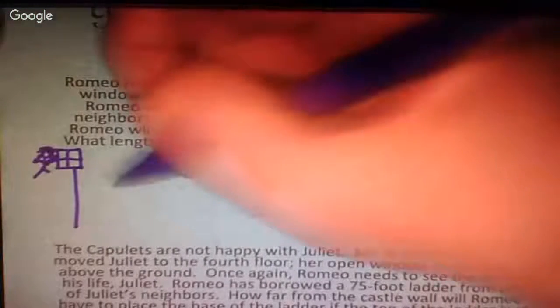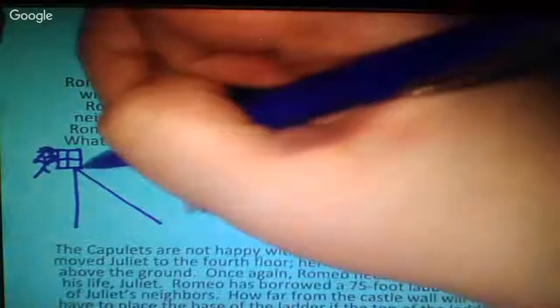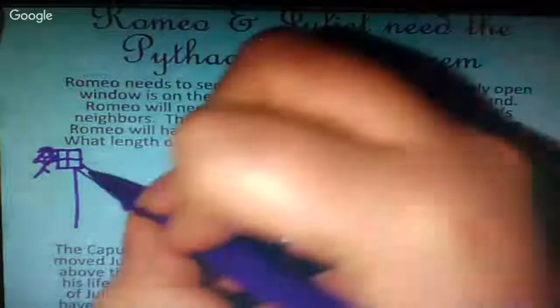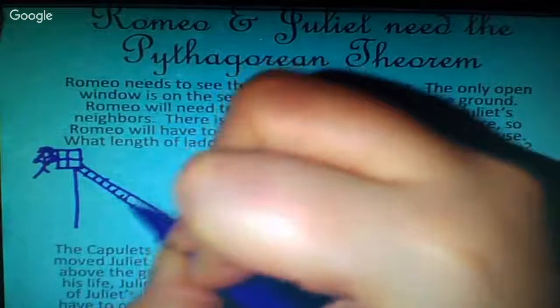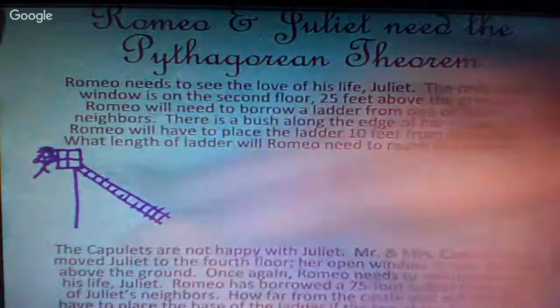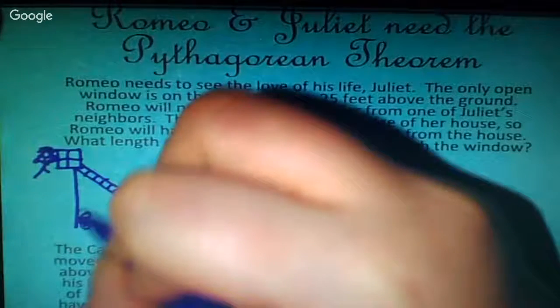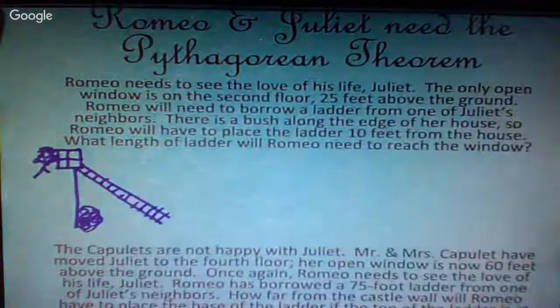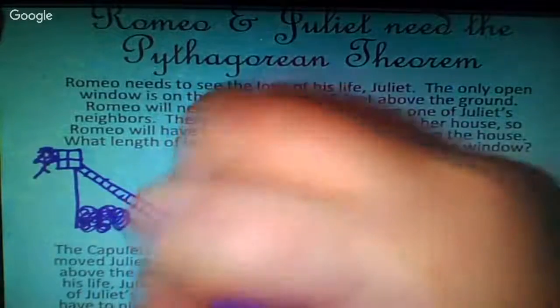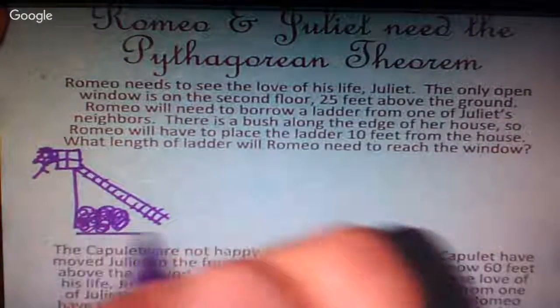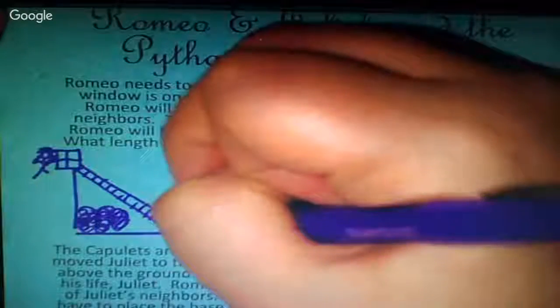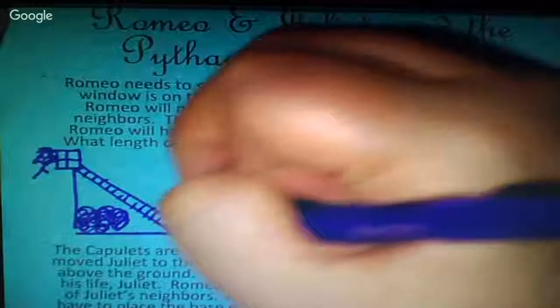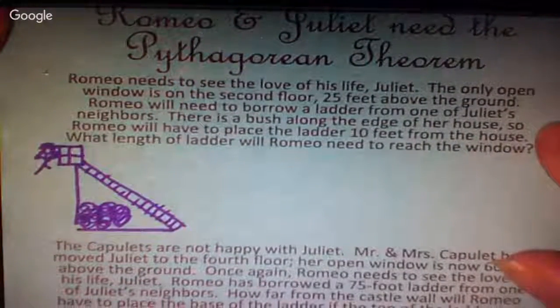Romeo's gone and he's stolen this ladder and leaned it up to the window. So here's your ladder. No, he borrowed it. All right. He borrowed. You're right. There's this bush at the bottom of the building. So that means that the ladder has to be so far out. I guess I should make the ladder reach the ground, huh? That might be helping. The ladder doesn't float in the air.